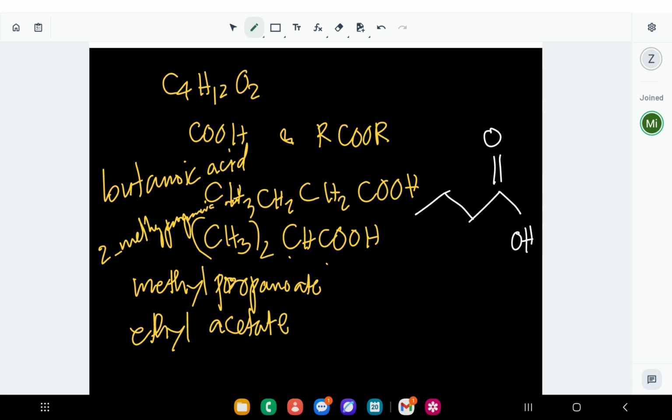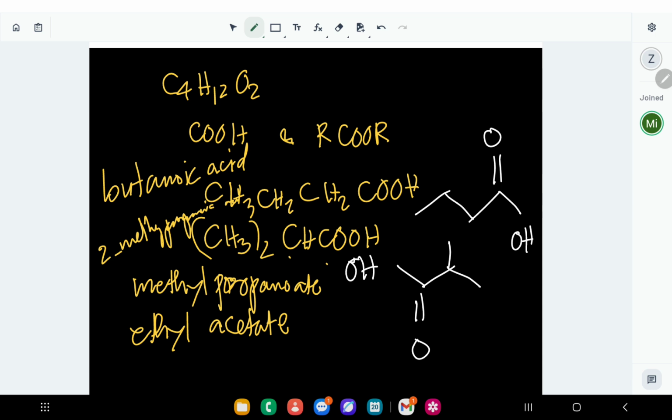We have 2-methylpropanoic acid. So how do you draw that? Does it have OH? Yeah. Or you can do it like this: draw oxygen, CH, OH. Okay, the second one.